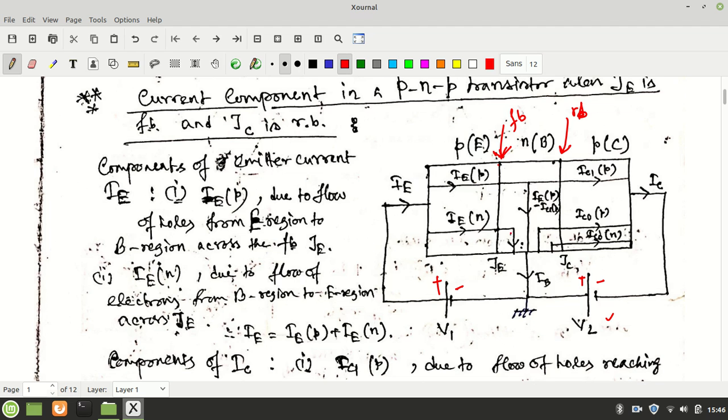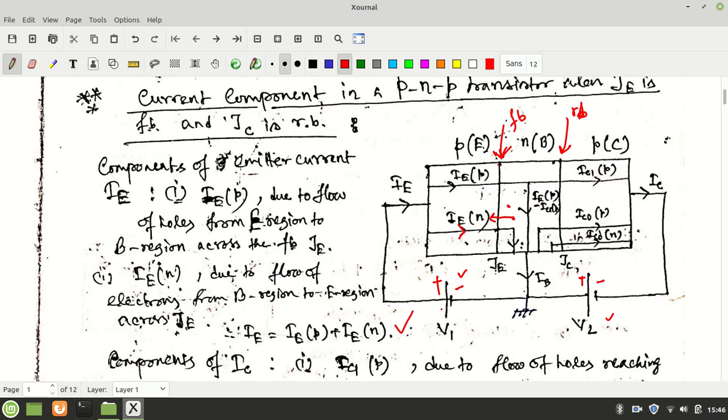Similarly, the negative terminal connected with the base will repel all majority electrons in the base region. So they will cross the junction in this direction, and a current will flow in the opposite direction, which is IEN, due to the negative charge. Both of them constitute the emitter current, which is written here.